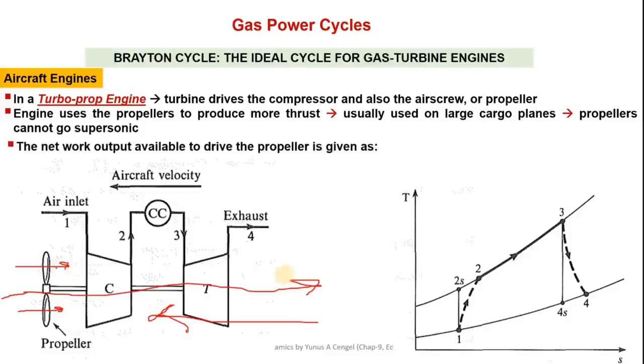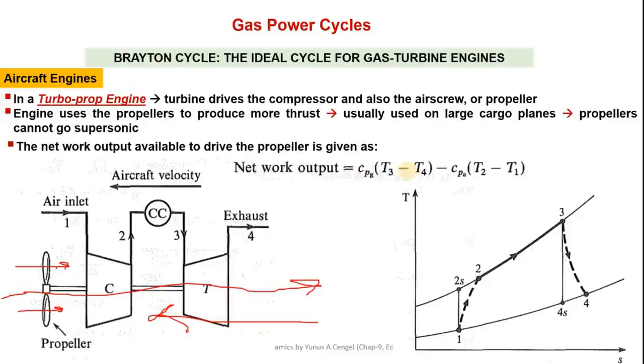The rest of the process is very much the same, 1, 2, 3, 4, but here the turbine work is used to drive the compressor and also this propeller. So the net work output available to drive the propeller will be given by this equation.